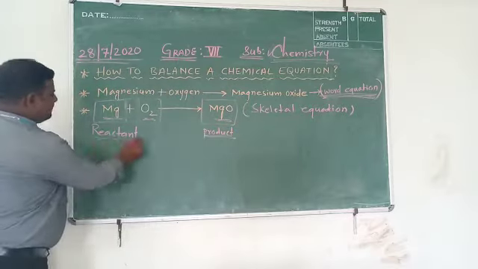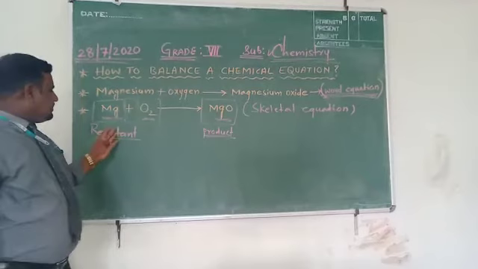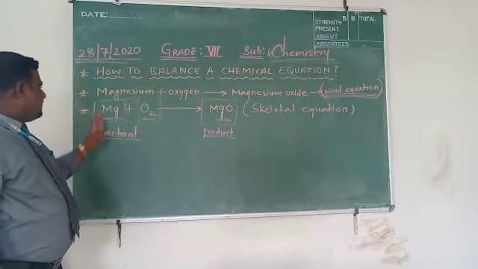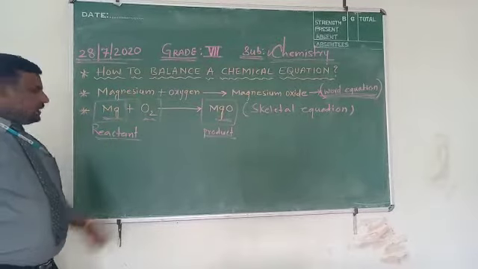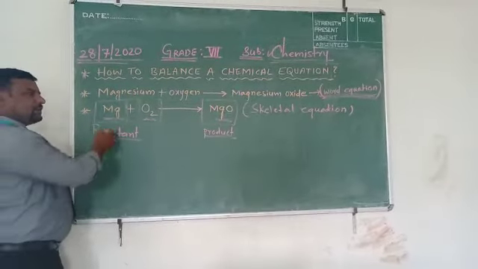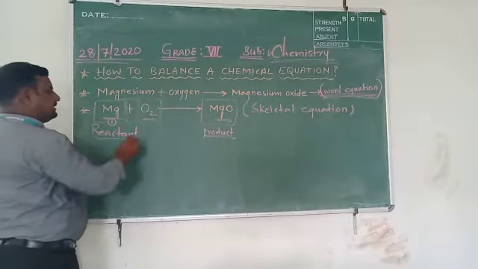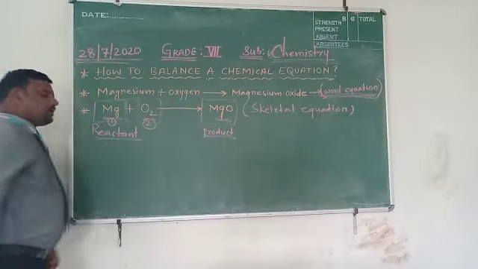Look at this. Left side, the reactant side: magnesium is there, oxygen is there. So how many reactants do we have in the given equation? Two. Reactant number 1 is magnesium. Reactant number 2 is oxygen.